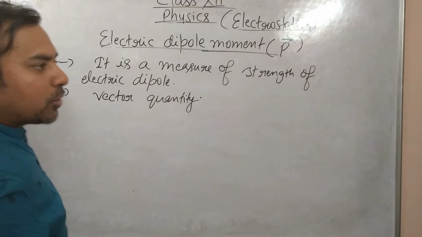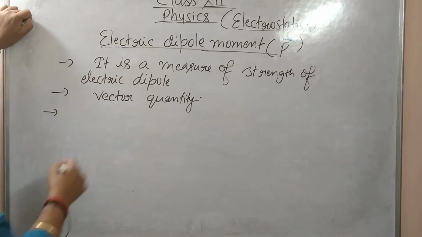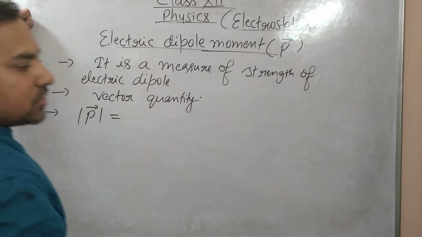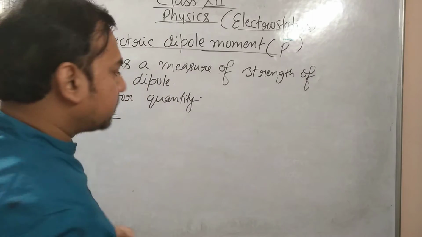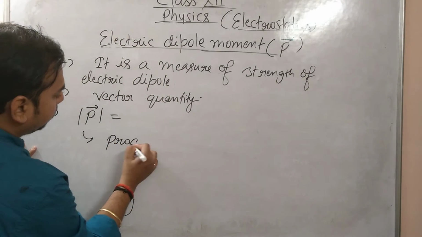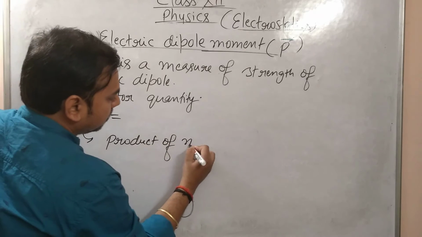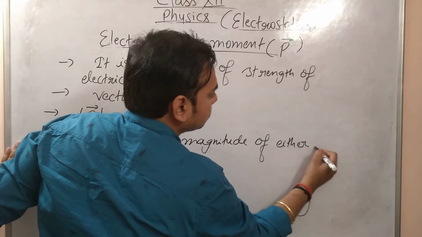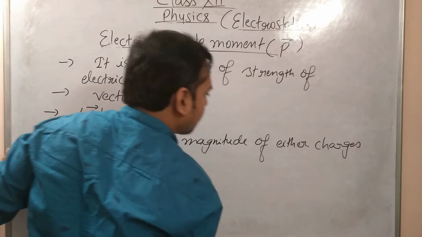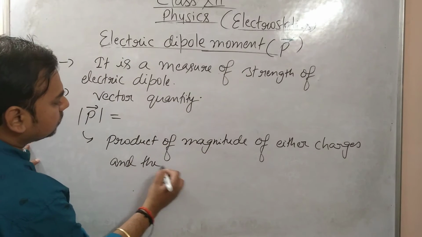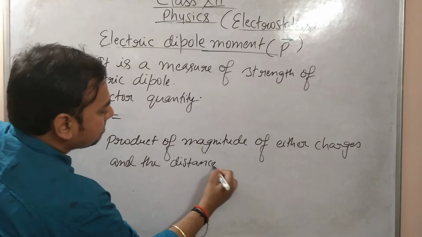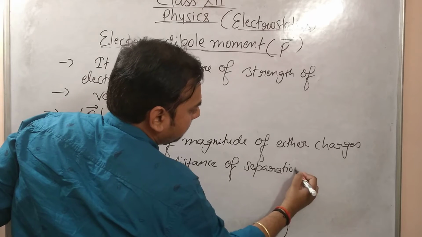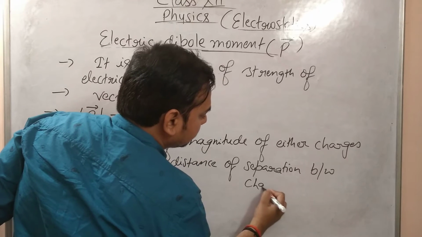If I talk about the magnitude of electric dipole moment, I repeat, it is the product of the magnitude of either charge and the distance of separation between the charges.